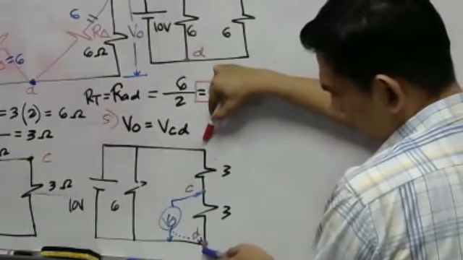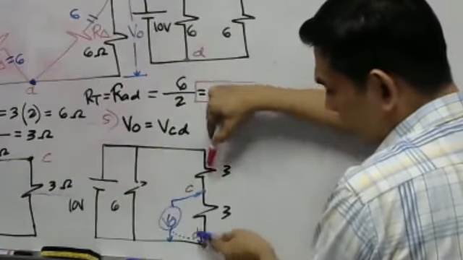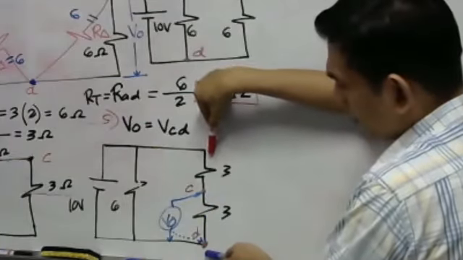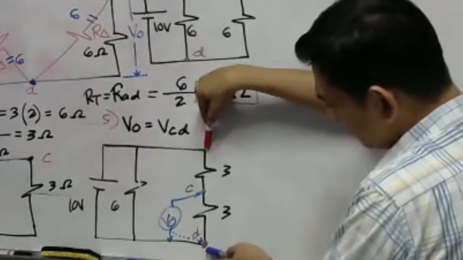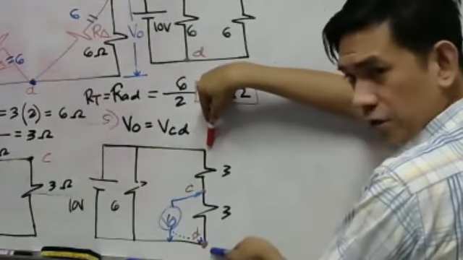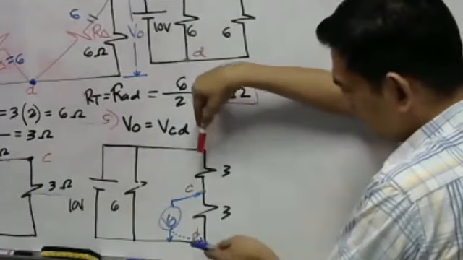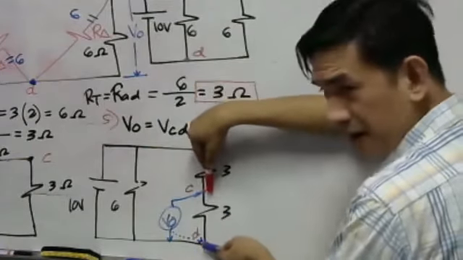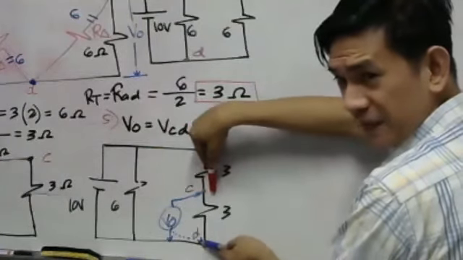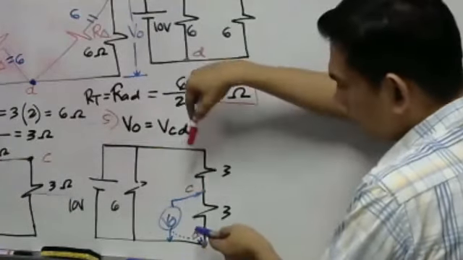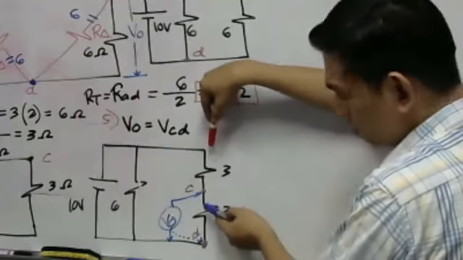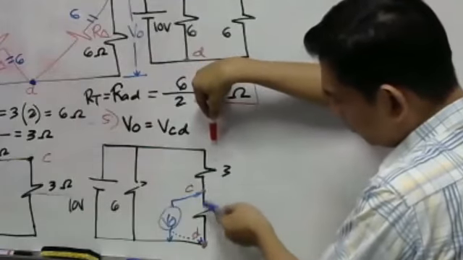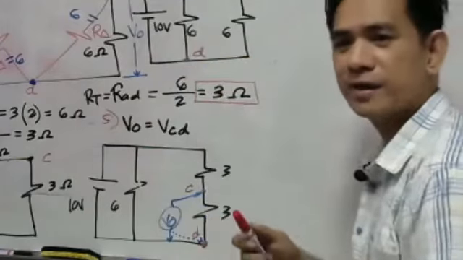But take a look here. They have two equal resistances. So they will share the voltage drops equally. If the voltage here is 10 volts, since they are equal, they will share equally. If this is 10, this is 3 and 3, this must be 5 and this must be 5. That should be divided by 2, isn't it? So you just have to divide the 10 volts by 2, because these two 3 ohm resistors are equal.